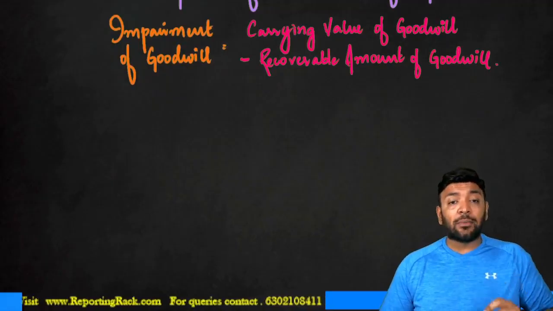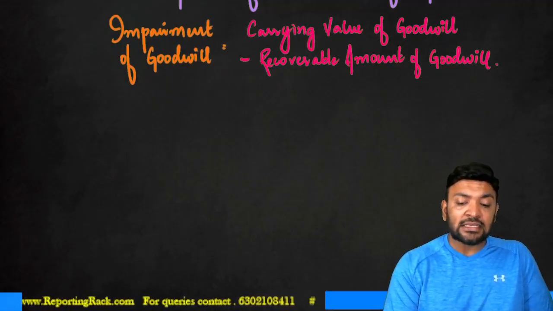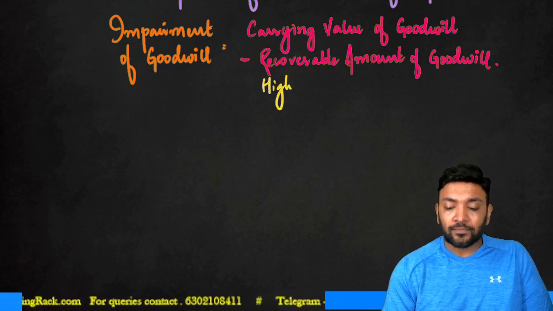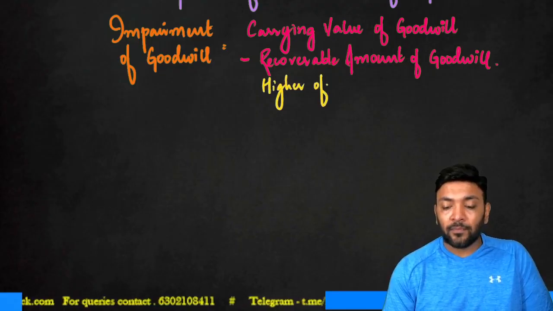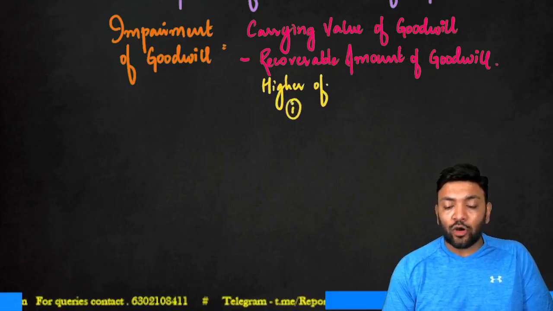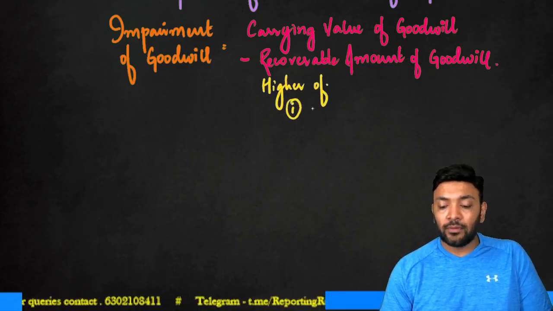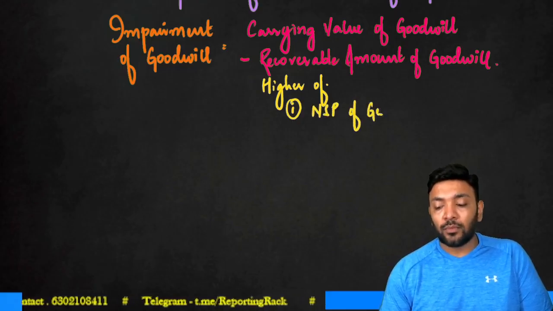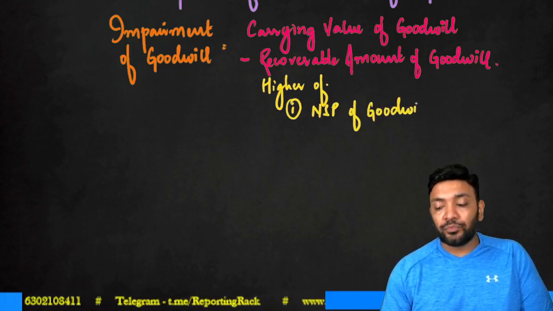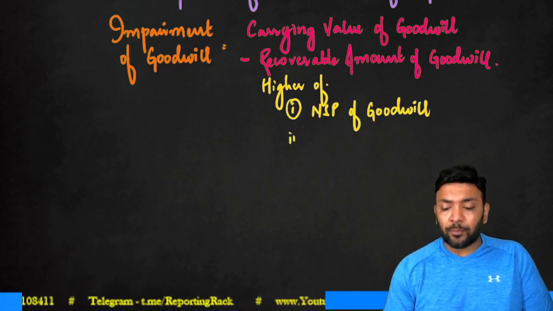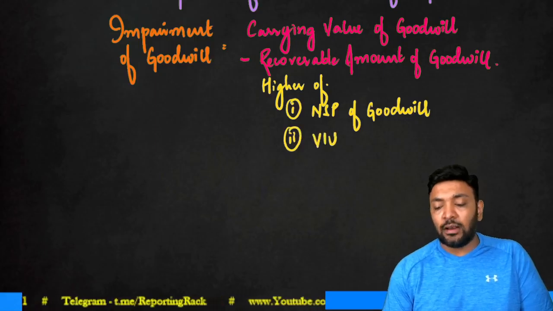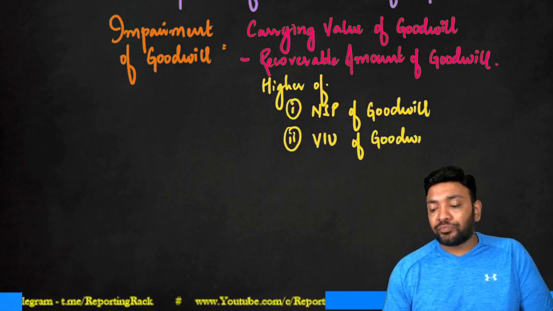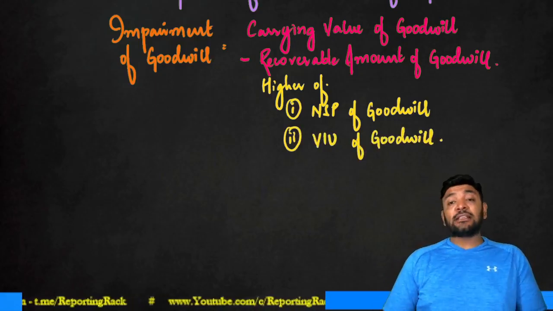Recoverable amount is higher of part A or part 1, net selling price of goodwill or value in use of goodwill. What is net selling price?